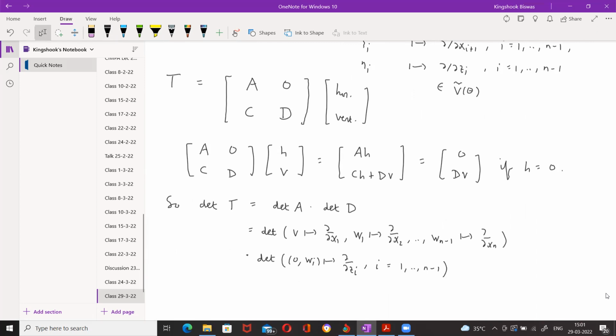Now the first thing: V, W1 up to Wn minus 1 is an orthonormal basis of the tangent space TpM, right? So the first thing is nothing but d vol M applied to del x1 up to del xn, right?